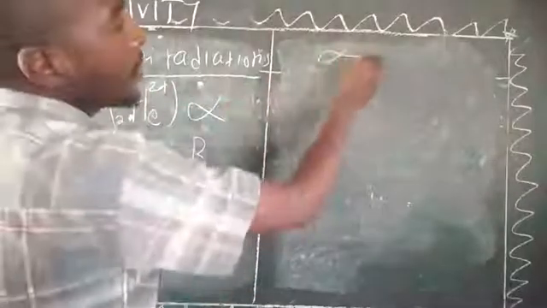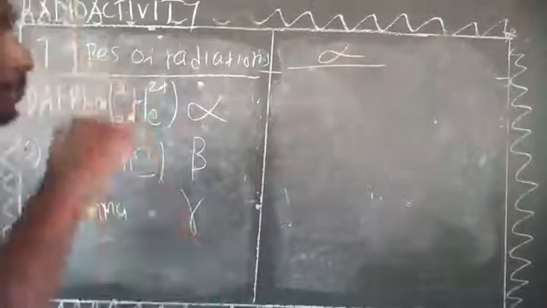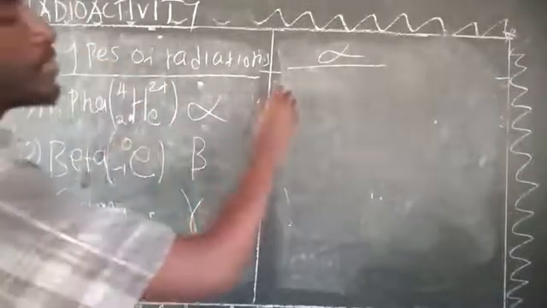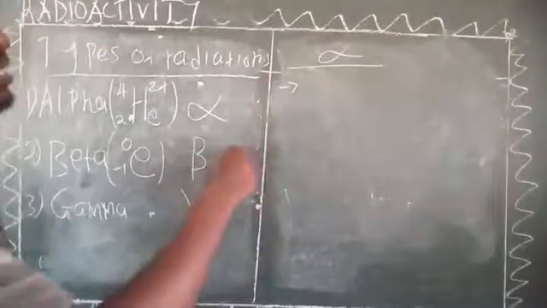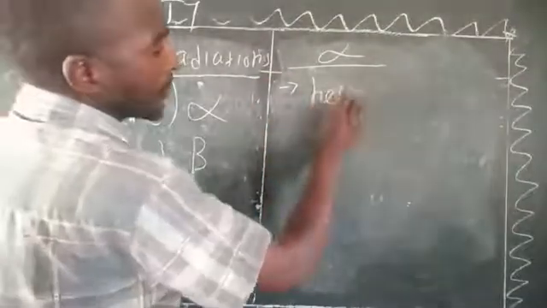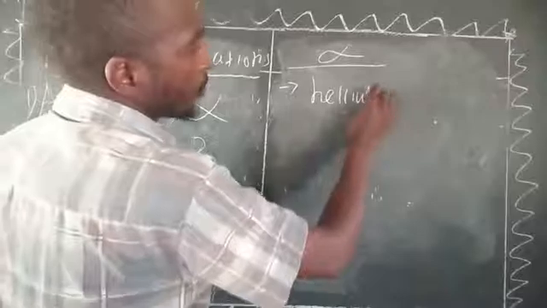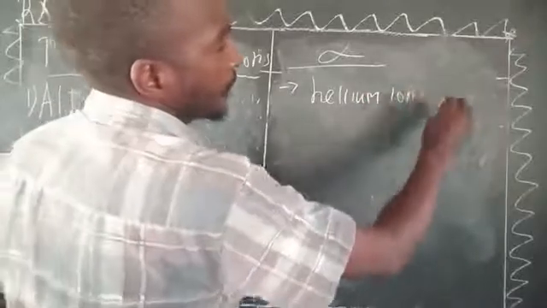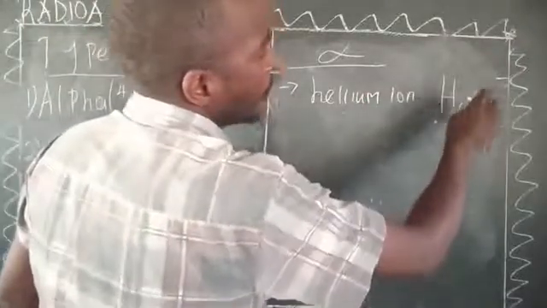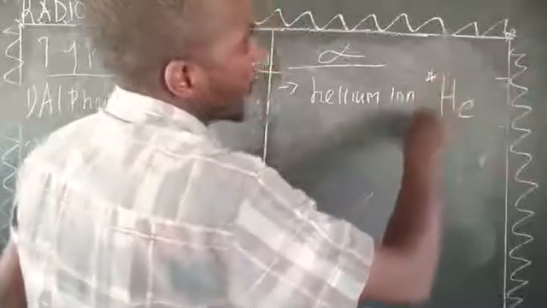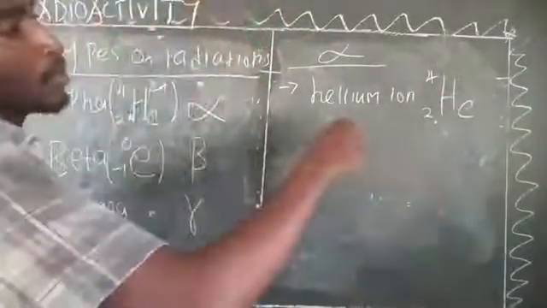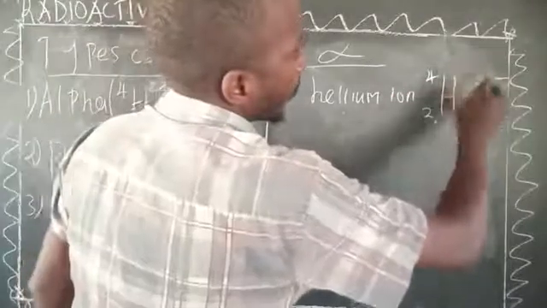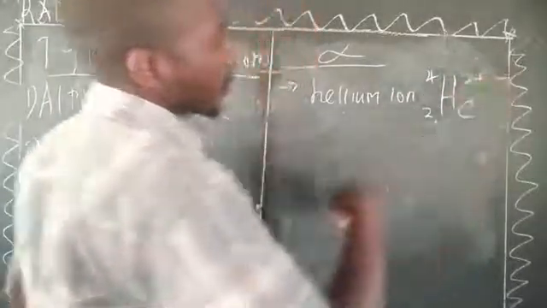The alpha radiations, these are the characteristics, they are basically the helium ion that is written as helium with a mass number of 4, atomic number of 2, and a charge of 2 positive.